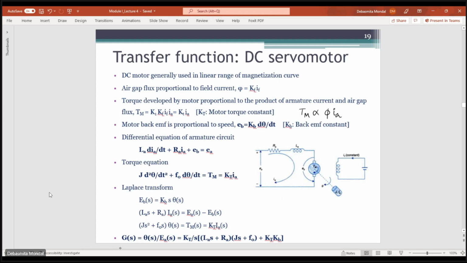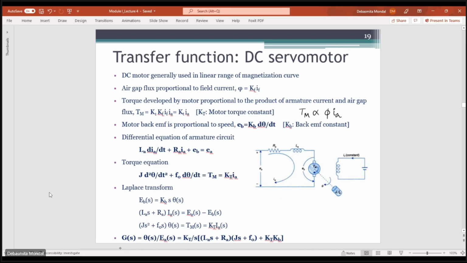The current Ia is flowing, so the voltage drop across here is Ia into Ra, then across the inductance it is La into dIa/dt, plus the back EMF in the motor, Eb. The overall everything will be equal to Ea. So this is one differential equation, and then you can write the torque equation also, which is given by this.